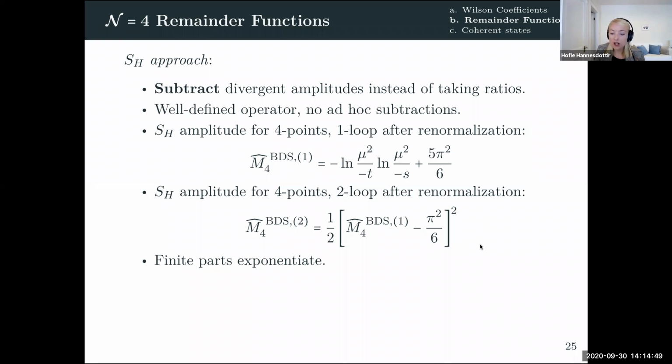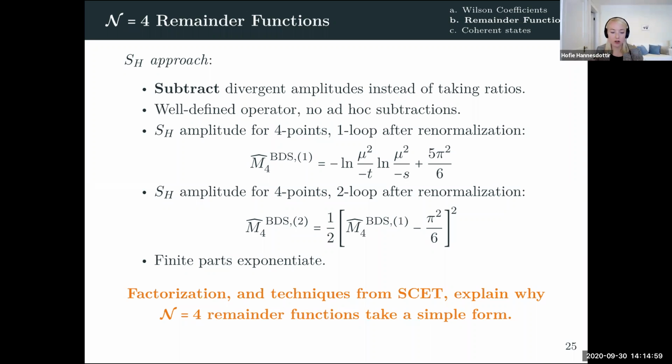And we can also see that the two loop hard amplitude exponentiates in terms of the one loop amplitude. So what I wanted to point out here is that factorization and techniques from soft-collinear effective theory actually explain why these remainder functions take a simple form. And the reason is that the IR divergences are universal.